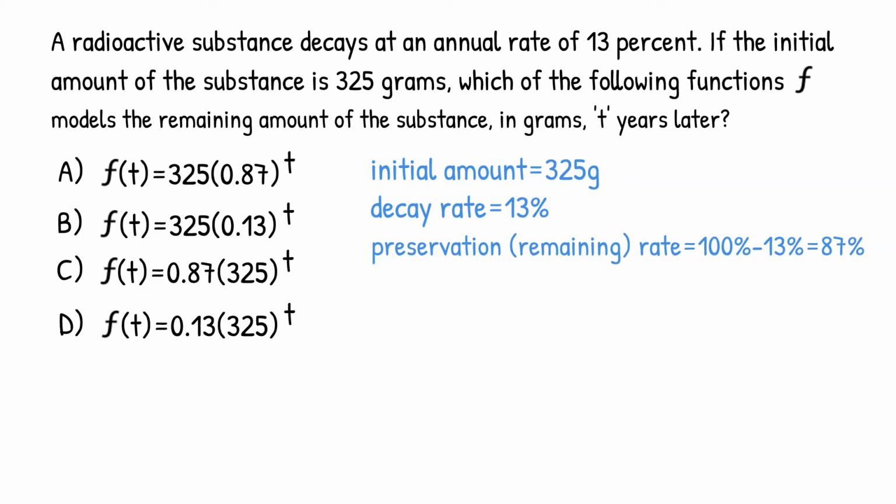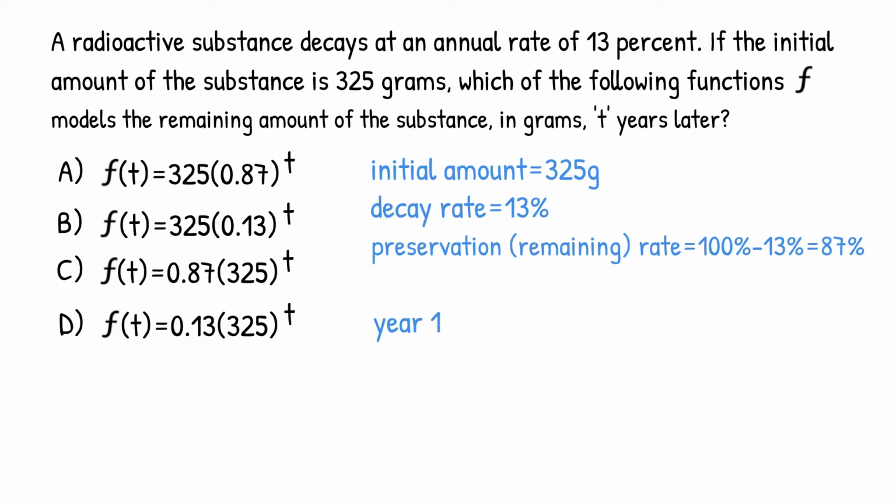In order to find how much we will have 1 year from the point of initial deposit of this radioactive substance, let's try to understand how mathematically we can represent 87%. If we had 325 grams and it did not lose any mass, then we would multiply 325 by 1 and we would get 325.